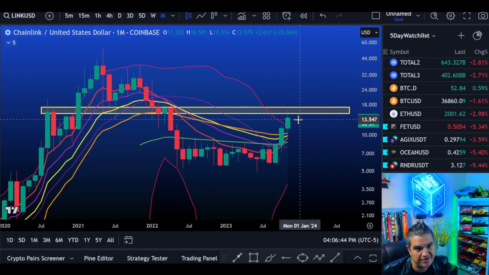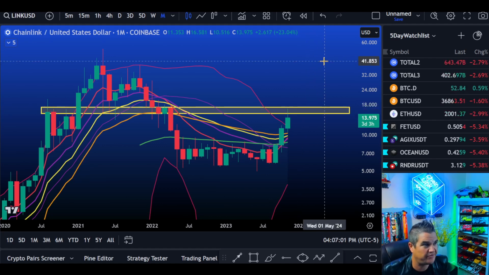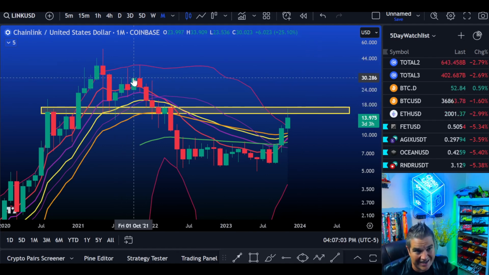So I wouldn't be surprised if the whole crypto market kind of chills out for maybe the next month going into December, and then we consolidate. And then once Chainlink breaks $17 on the monthly scale, $20 on the daily or weekly scale, I think all bets are off, and we'll be focusing on our next high of $30 pretty quickly.